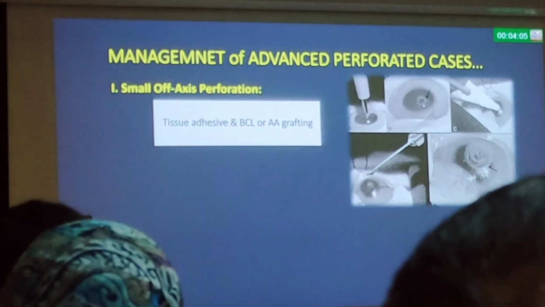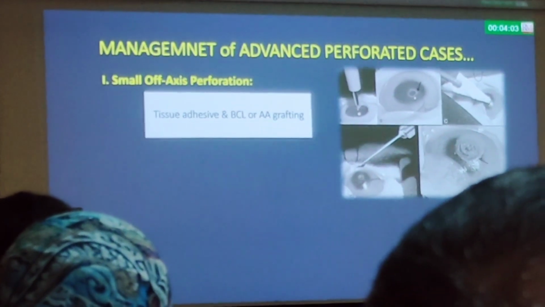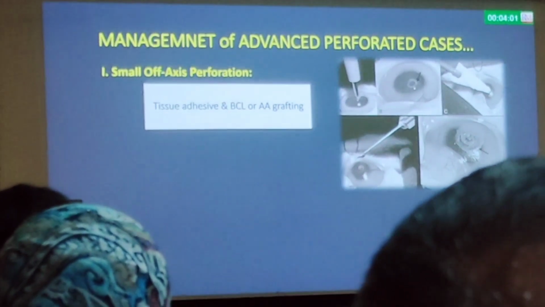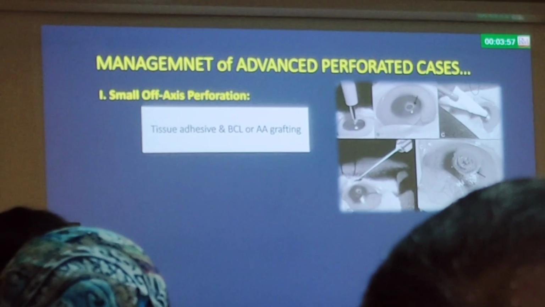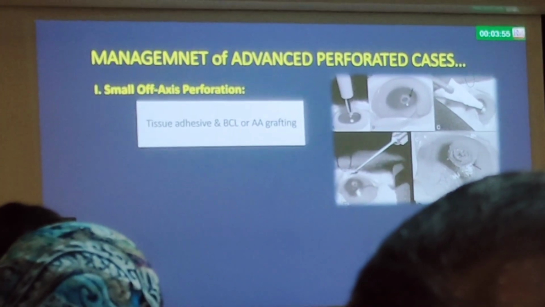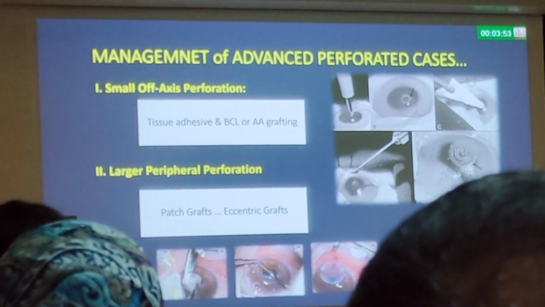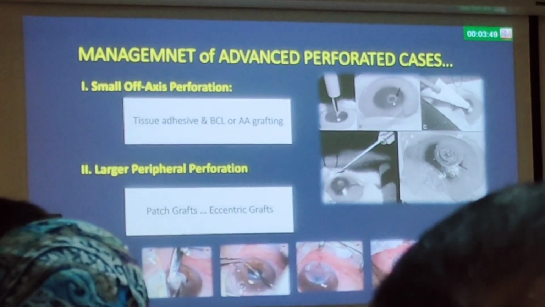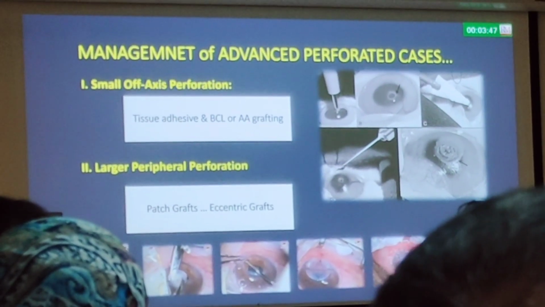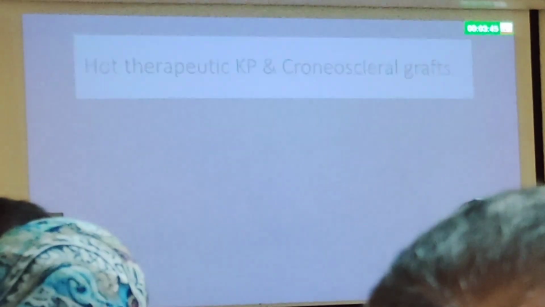Management of advanced perforated cases: for a small peripheral perforation, we use a tissue adhesive with a bandage contact lens, or tissue adhesive with an overlying amniotic membrane graft to promote healing may be needed. For large peripheral perforations, patch grafts and eccentric grafts may give the solution, and it may be temporary before optical grafts.